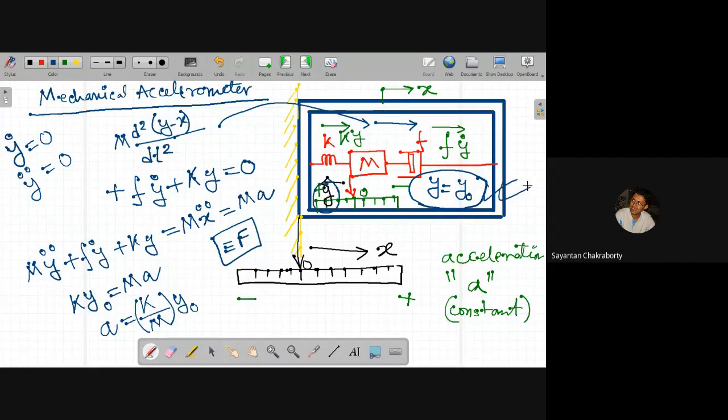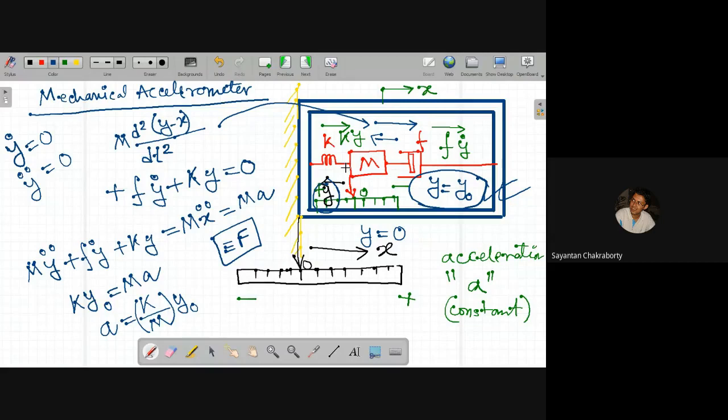So see, there is a system. When it was at steady state or standstill, the deflection was y equal to 0. As soon as the vehicle upon which it is mounted starts moving, the mass will be deflected in this direction and will continue to move until the opposing forces are equal and opposite to the force pushing the mass to the left-hand side.